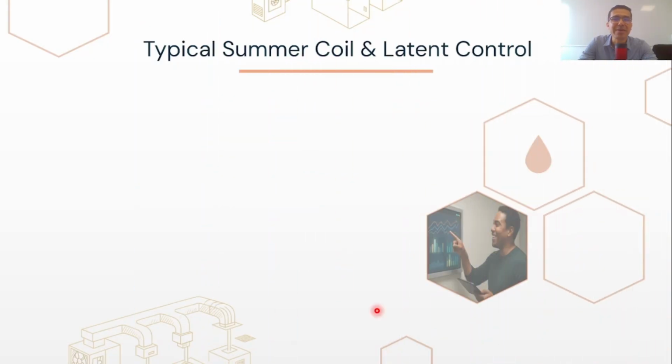Building on our understanding of the energy balances, let's now see how these principles apply to a critical aspect of HVAC design, that is latent control, particularly during summer. We were discussing this during the question. We'll explore why the cooling coil's function goes beyond just chilling the air and is key to maintaining a comfortable humidity level.